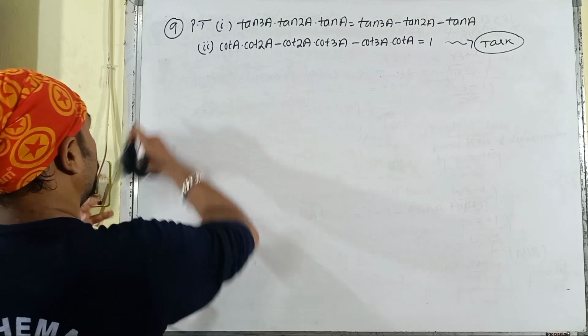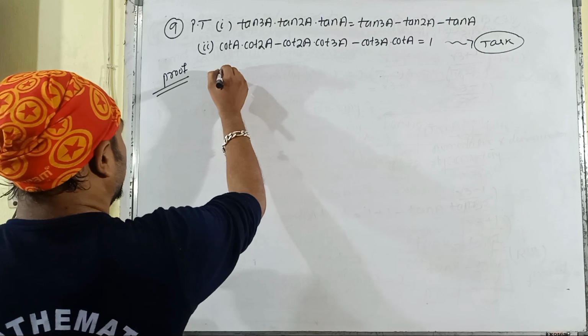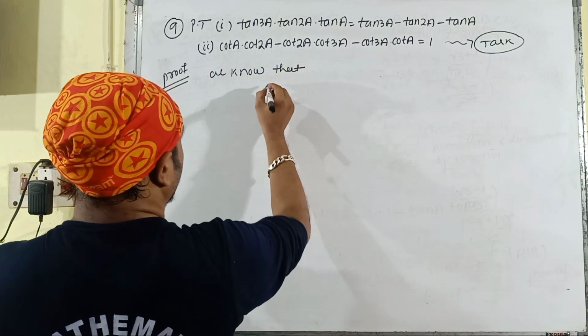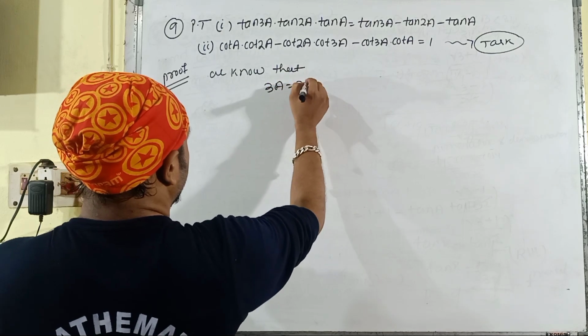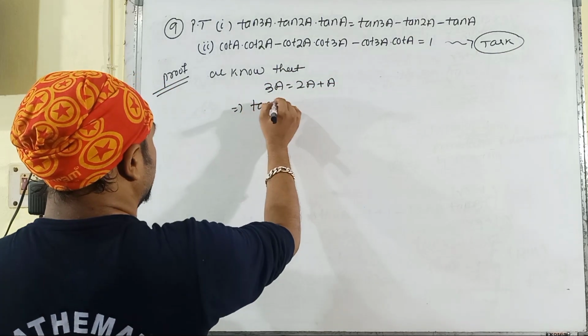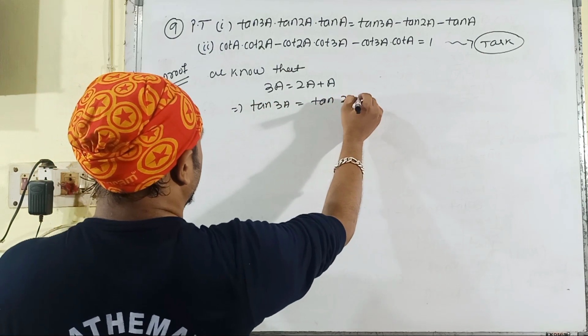Okay, this is the proof. We know that 3a is equal to 2a plus a. Then taking tan of both sides, tan 3a is equal to tan(2a plus a).